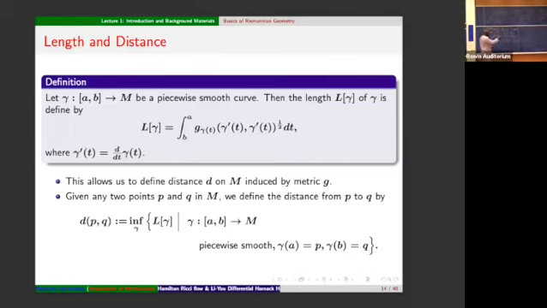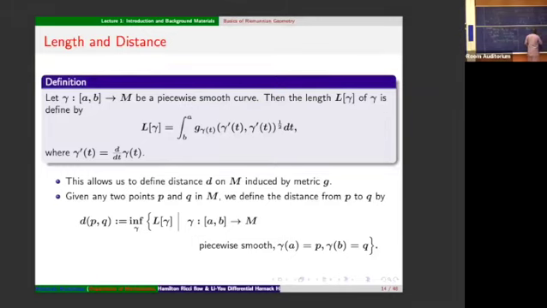So this allows us to define distance. If you define the distance, it is not difficult to see the following. Let me lay emphasis on it. With gamma of a equal to P and gamma of b equal to Q, you have as many curves as possible.